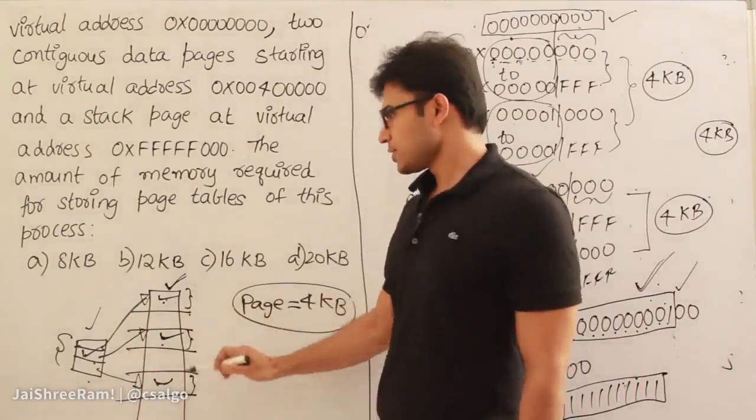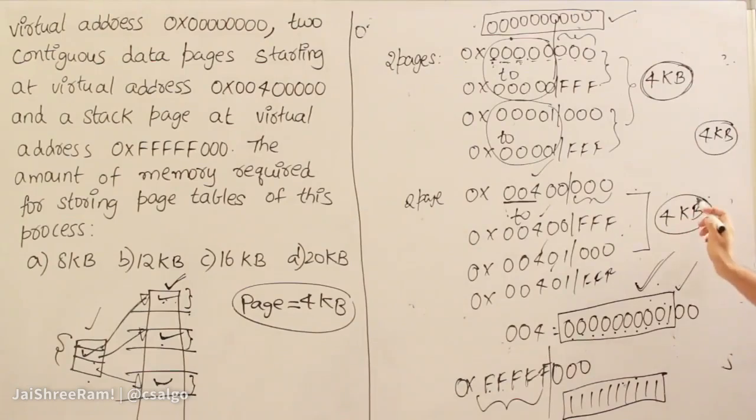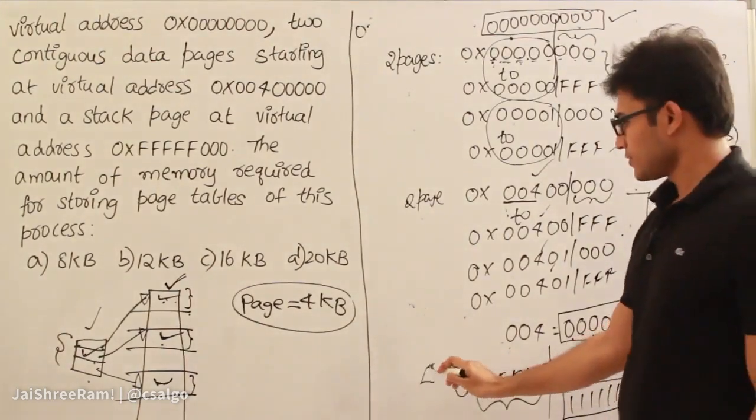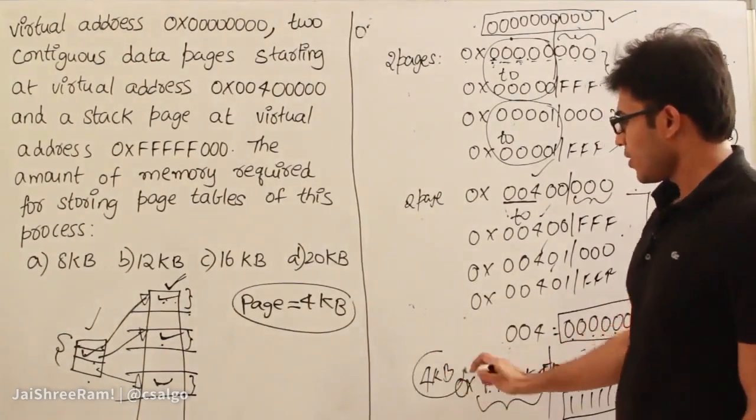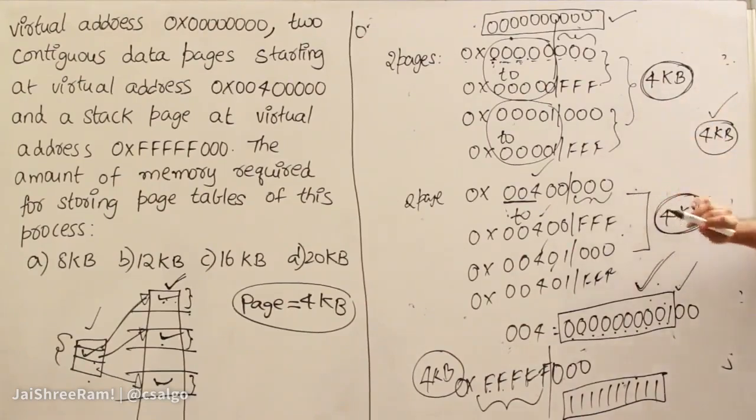So from the innermost page table, this one requires one page of size 4 KB, this one requires one page of size 4 KB, these two, and this one requires finally one page of size 4 KB. And anyway, the outermost page table should occupy one page, right? Therefore one page, totally 4 pages are required. Are you understanding this?